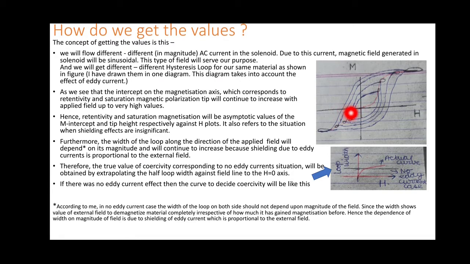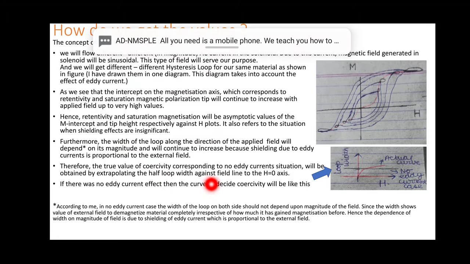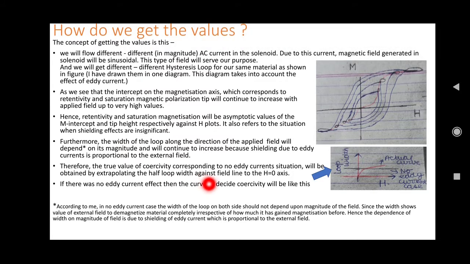This intercept will be a common point. According to me, with no eddy current, the width of the loop on both sides should not depend on the magnitude of the field. This goes to one point and this side goes to one point, and the width shows the value of the external field needed to demagnetize the material completely, irrespective of how much magnetization it gained before.